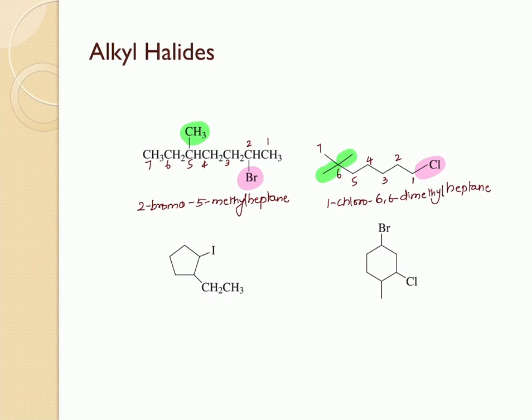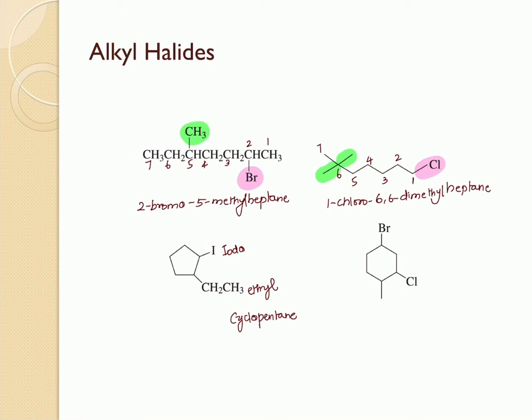Let's go on to the next one. This is a cyclopentane. That should be the parent name, because there is no side chain which has more carbons than the actual cyclopentane ring. You have an iodo group here and you have an ethyl group here. Between these two, which one is going to have the lowest possible number? This is more like a tie, right? Both are substituents.